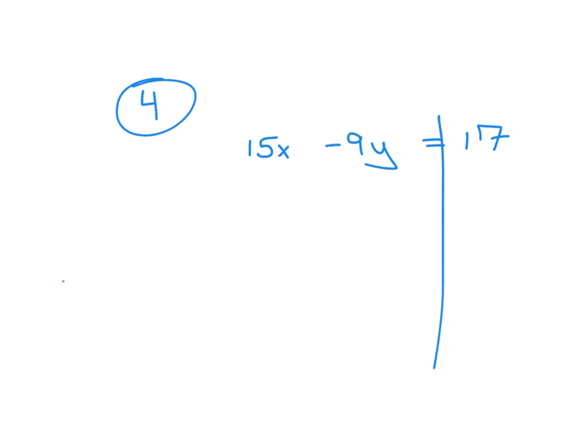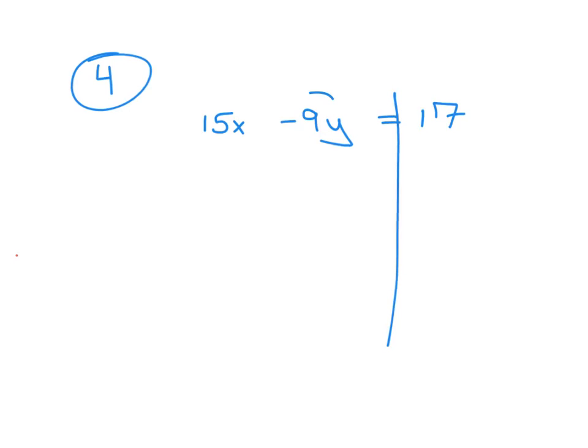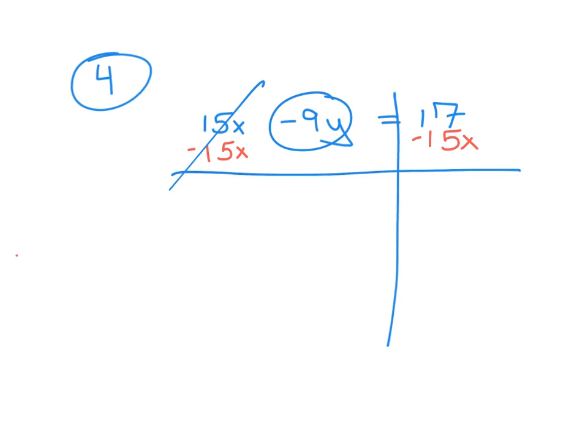So my first step, I draw a line, circle my number and my variable, that is y. Opposite of positive 15x is negative 15x. So I'm going to subtract 15x from each side. Remember, negative and subtraction are the same. 15 minus 15 is 0.